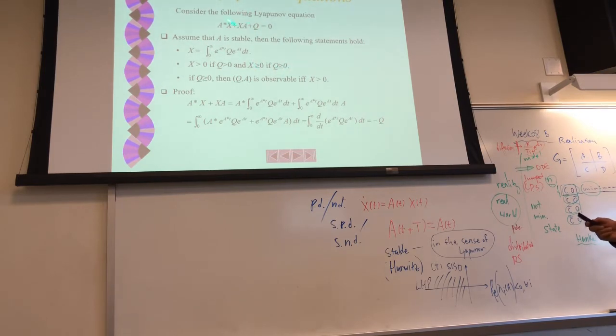Some people will write A transpose X plus X A equals minus Q, but it's the same. Another thing to observe is that you put this Q as semi-positive definite, then you take Q and A as an observable pair. Observable pair, if X itself is positive definite. This sounds like an interesting connection.